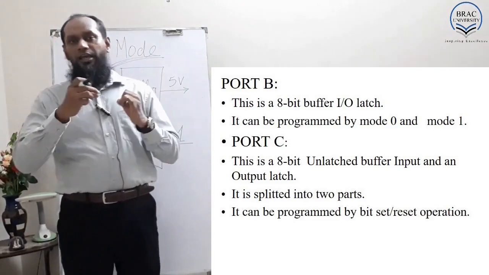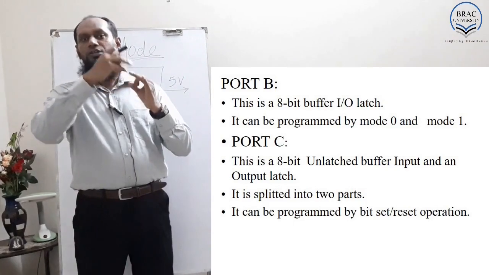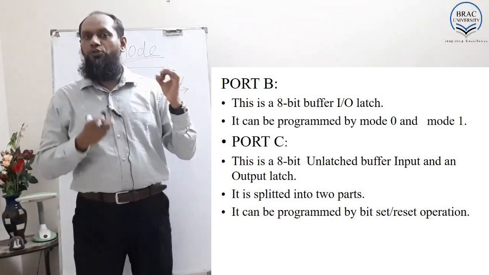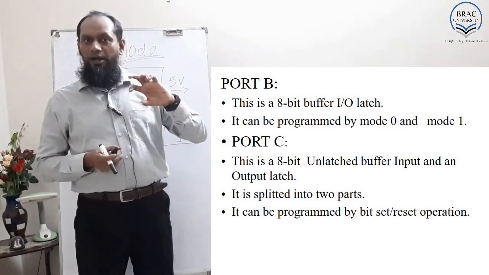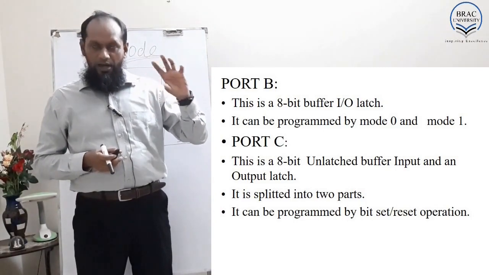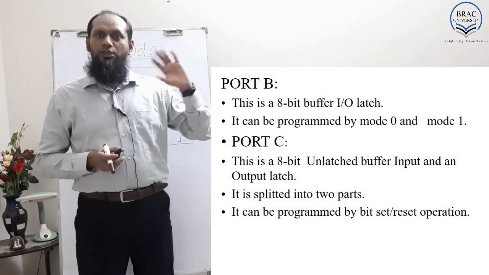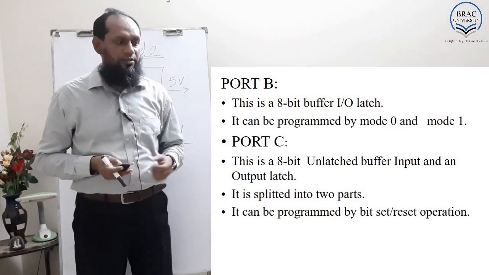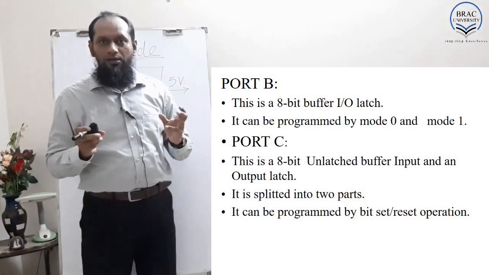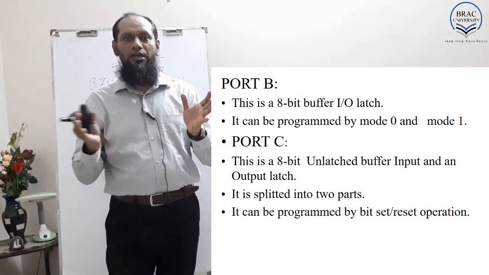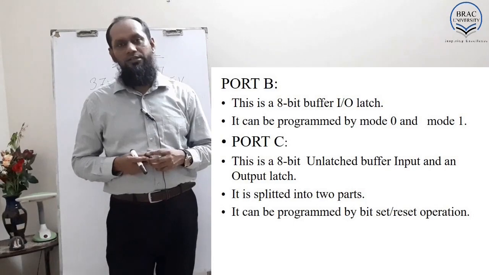So port A supports mode 0, 1, 2. Port B supports 0 and 1. Port C supports only 0, but in mode 1 and 2, it is used for handshaking. This is an important issue. I think I will discuss the next part in the next discussion session.